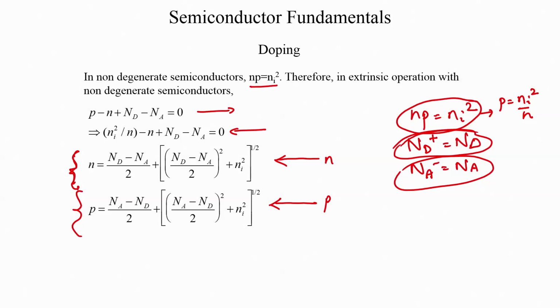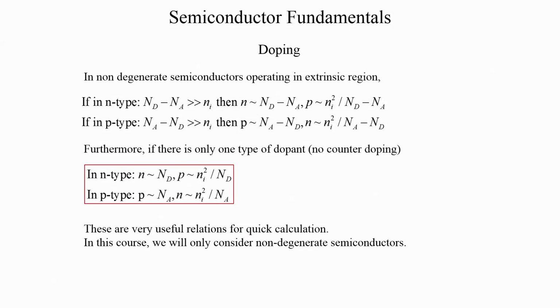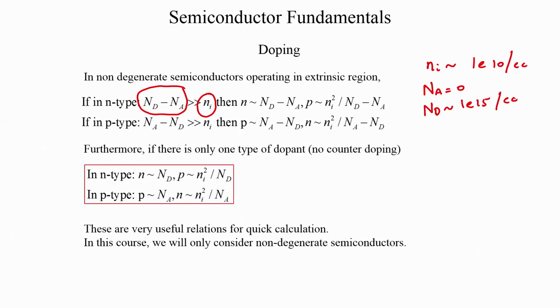Now, we can make one more assumption, if these concentrations are quite large, which is, in the case of N type semiconductors, your effective donor doping is so large that it is much greater than ni. In the case of silicon, ni is of the order of 1E10 per cc. If we are doing donor doping where Na is 0, no acceptor ions, and Nd is say 1E15, this is a reasonably good case to assume that Nd minus Na, which is basically your Nd, is much greater than 1E10.